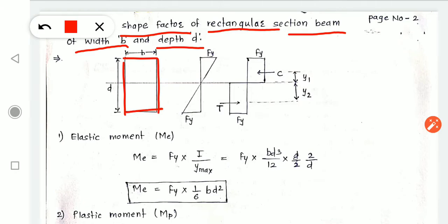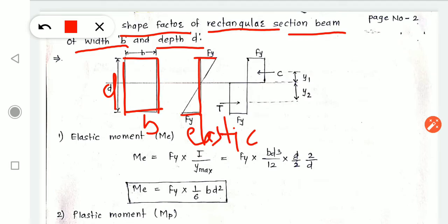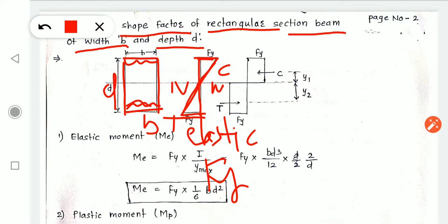It has a depth D, width B, and what is the stress diagram for it? The stress diagram in the elastic stage will be like this, right? Because only the extreme fibers are experiencing yielding stress, therefore maximum stress is in the extreme fiber and it is reduced to 0 from compression to the neutral axis and from tension to the neutral axis.